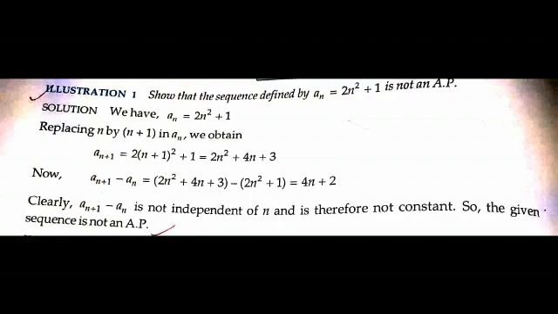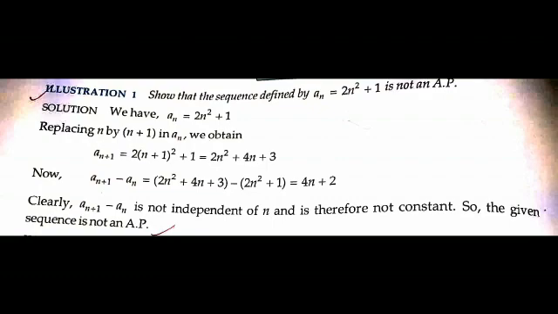And here in this, show that the sequence defined by an equal to 2n square plus 1 is not an AP. So here we are supposed to prove that if the general term is 2n square plus 1, then it will not give us an AP. We have an equal to 2n square plus 1.